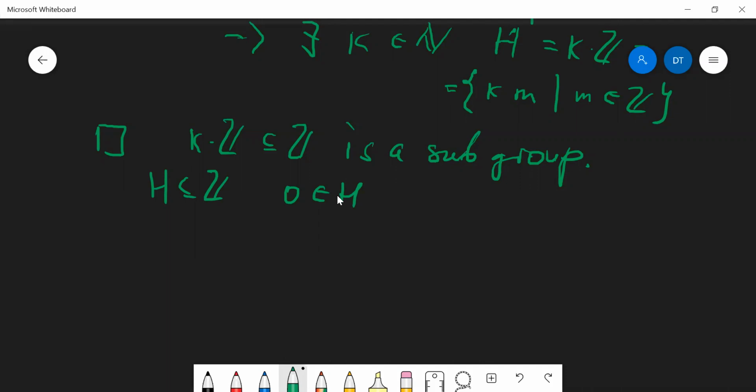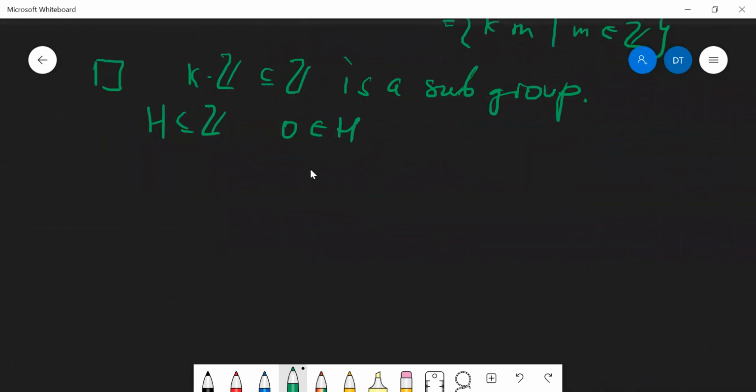It's the set of all natural numbers, 0 included, because 0 times Z means that H consists of the 0 element only. And this is also a subgroup. So this option is also allowed.